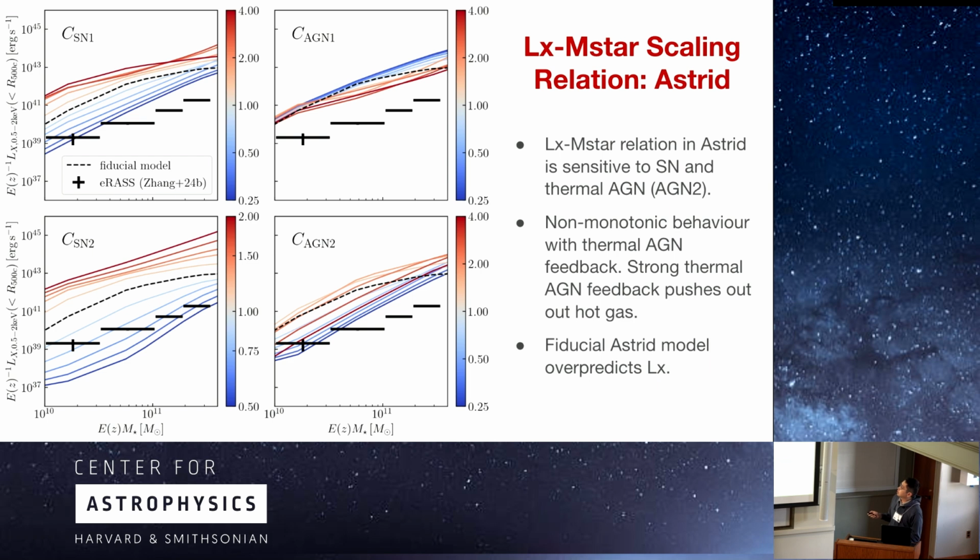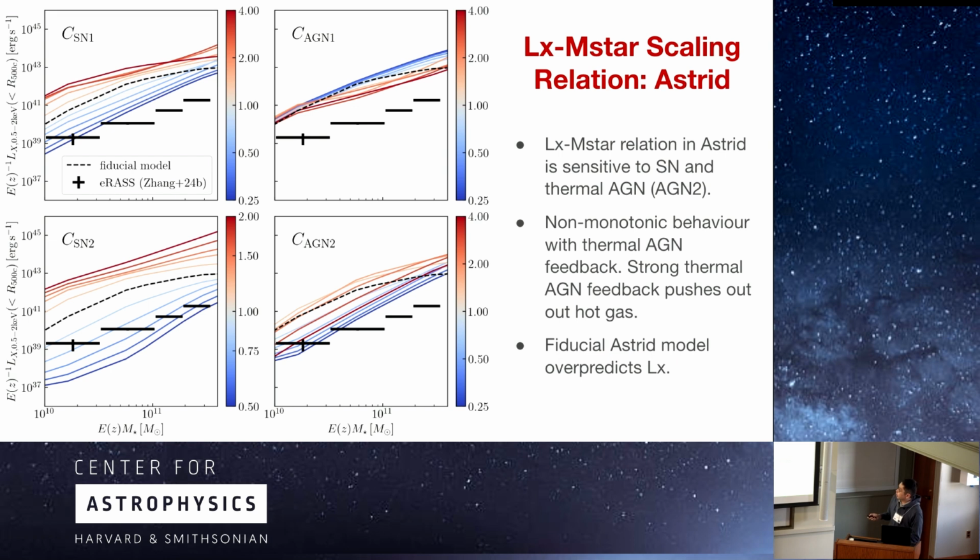And Astrid is a bit interesting, as it generally overpredicts the X-ray luminosity for the halos that we study. It exhibits a very strong dependence on both the supernova energy and also the wind speed.